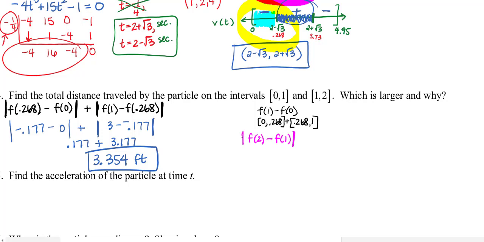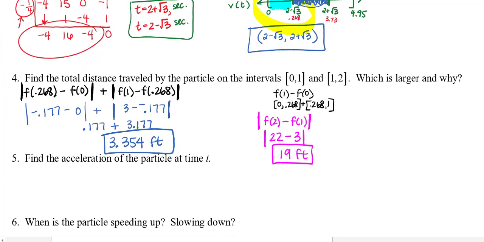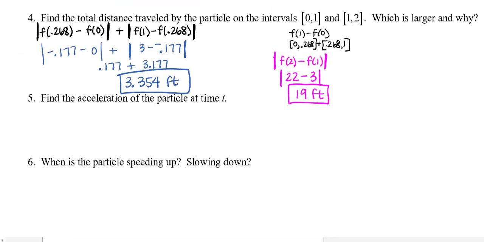And again, I'm going to take the absolute value of that answer because I want to talk about distance in a positive way. F of 2 we did find above. That was 22. F of 1 we also found above. 22 minus 3 is 19. So I went 19 feet from t equals 1 to t equals 2. Obviously the 19 feet is larger, and we can look at why, especially as we start looking at those graphs.